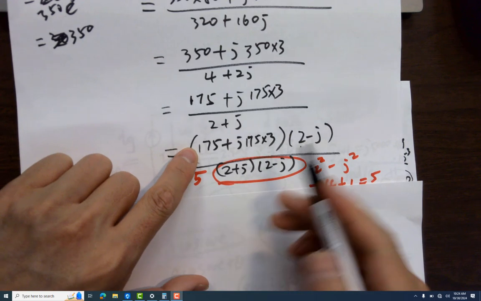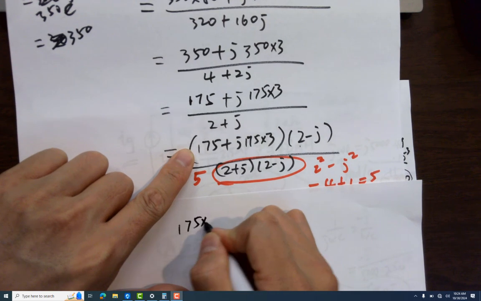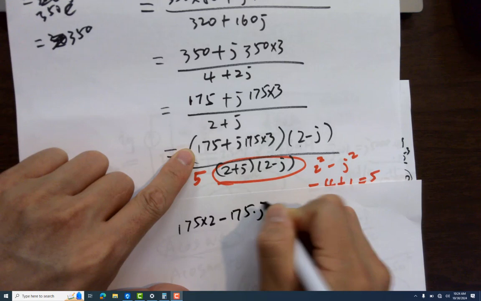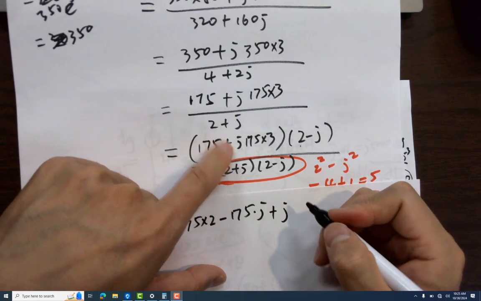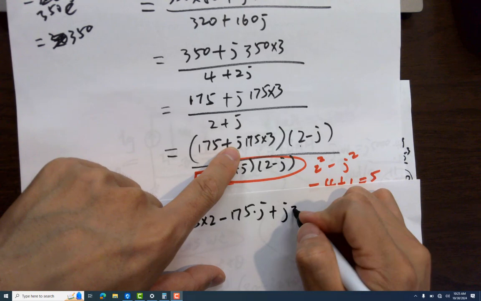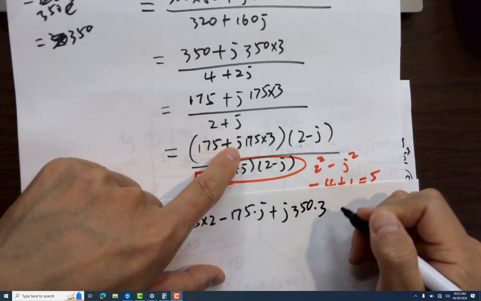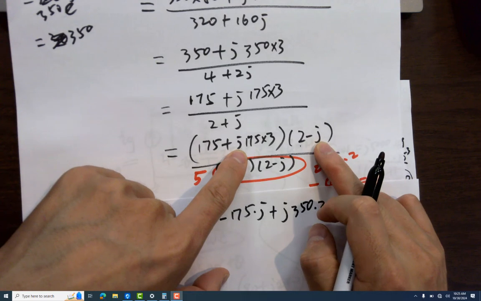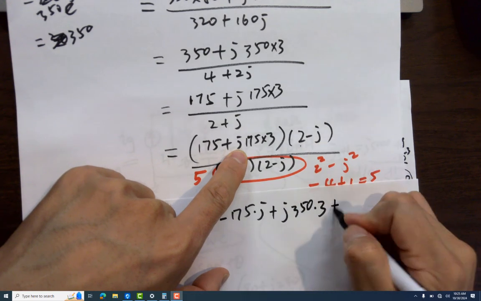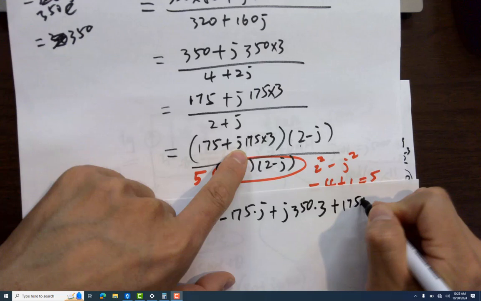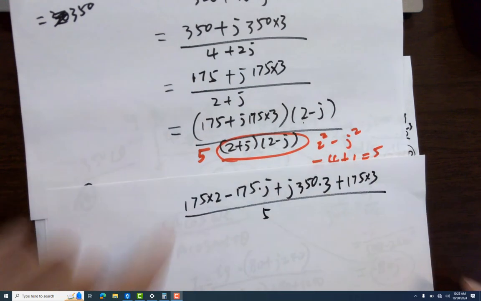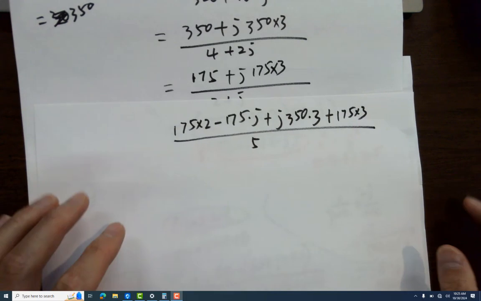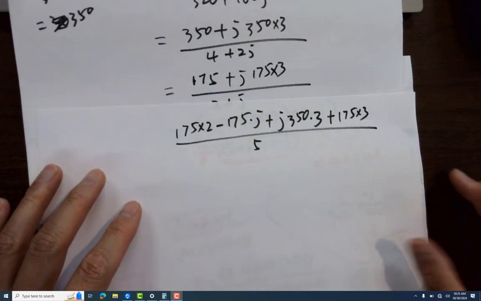This times this: 175 times 2 minus 175 times J, plus J 350 times 3, and this times this gives you plus 175 times 3, divided by 5.